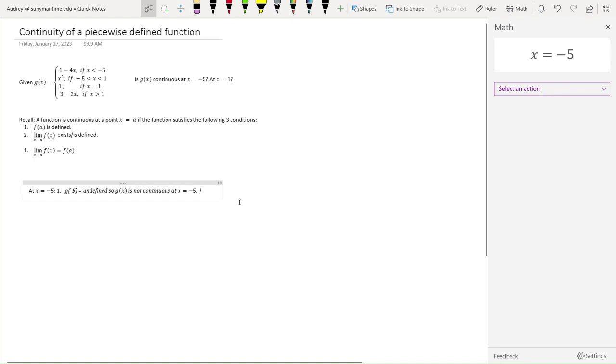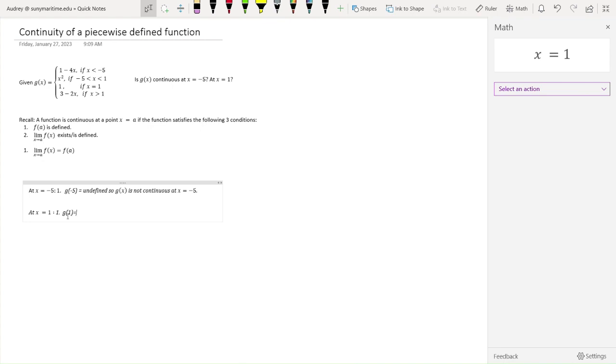So I'm going to go through the same kind of process for what's going on at x equals 1. That's my next question. Again, the first thing I have to check, the first condition, is to figure out if the function is defined right there at 1. So what is the value of the function at 1?